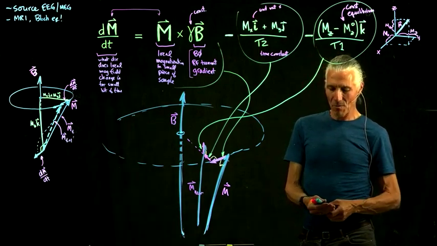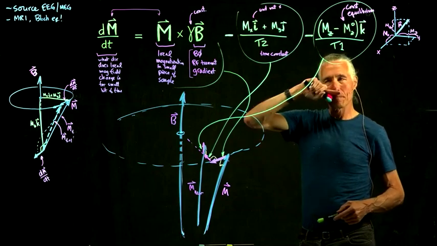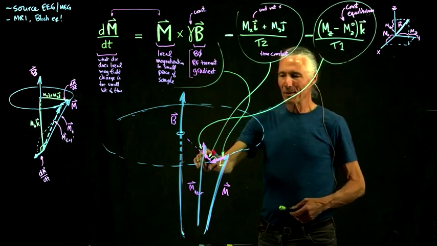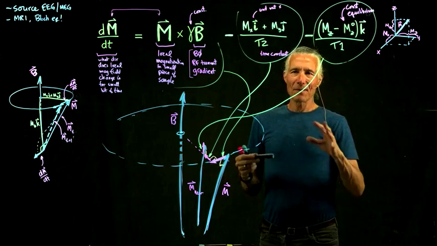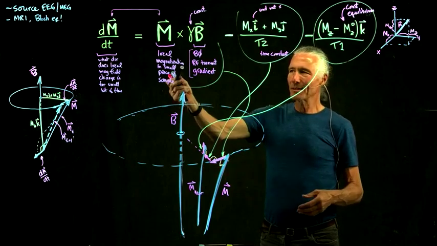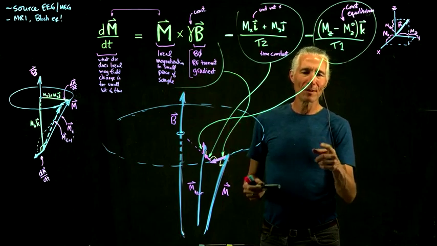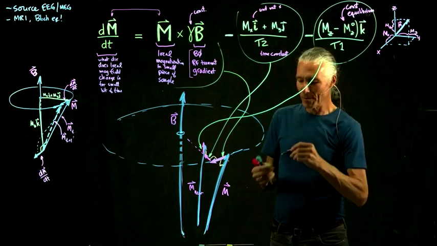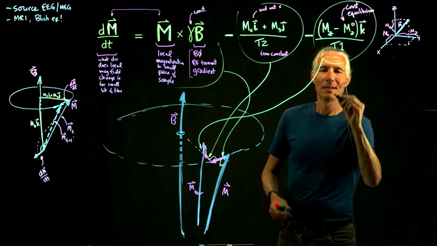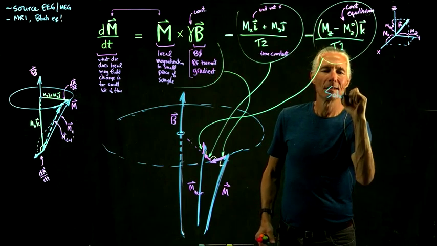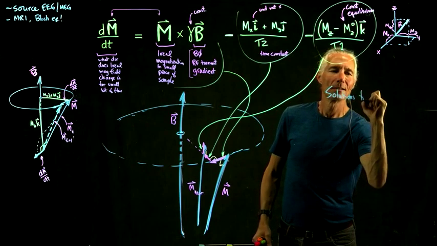I didn't explain how we figured out the solution to the equation. This is an equation that just tells how things operate over a small period of time. But what we really want is the solutions to the Bloch equation.